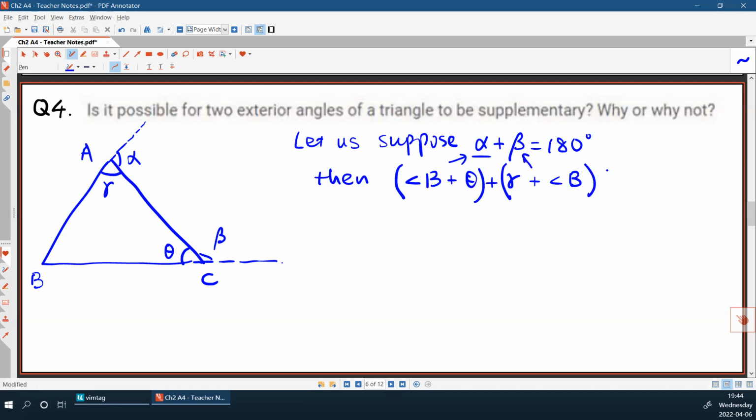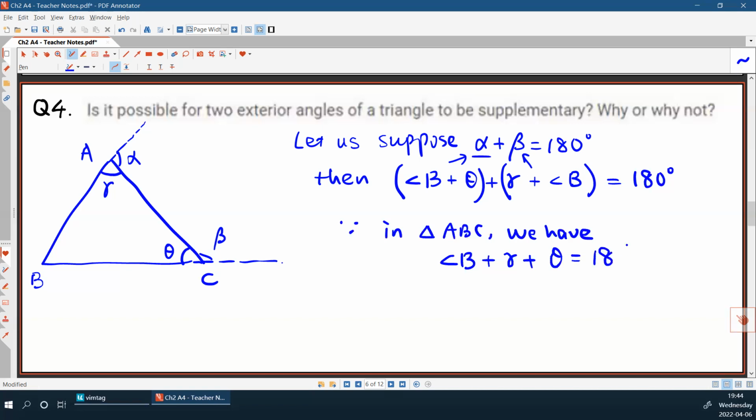So this is beta. Then if alpha plus beta equals 180 degrees, then we have angle B plus angle theta plus angle gamma plus angle B equals 180 degrees, right? Because in triangle ABC, the sum of the three interior angles is 180 degrees, that means angle B plus gamma plus theta equals 180 degrees.